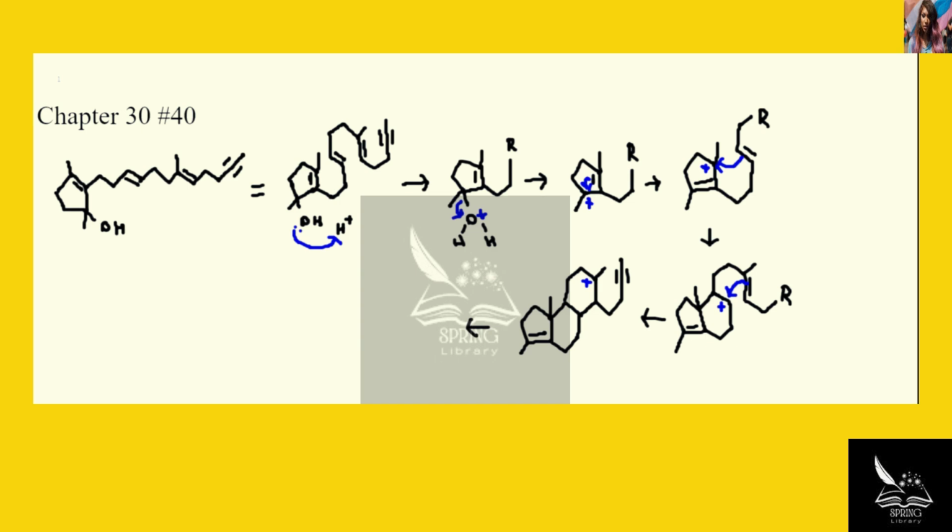And once again, the same as it's been for the previous two steps, the electrons from this triple bond, so I guess it's a little different. Previously, they were double bonds. So the electrons from this triple bond can attack that carbocation. And so the result is going to be the formation of the last ring that we need to make.